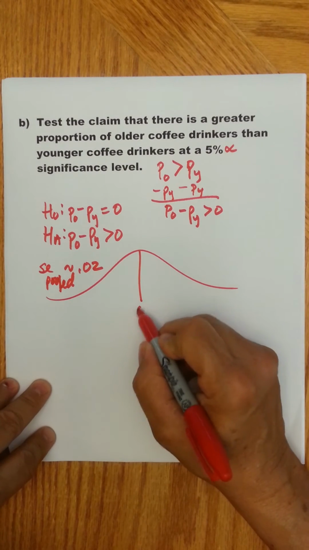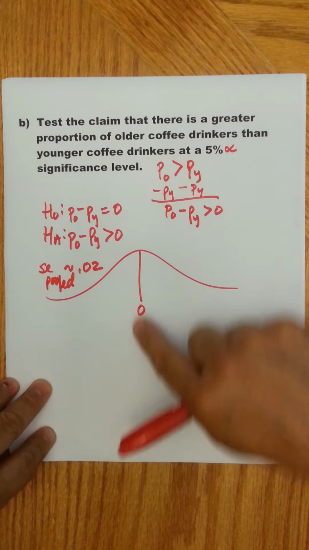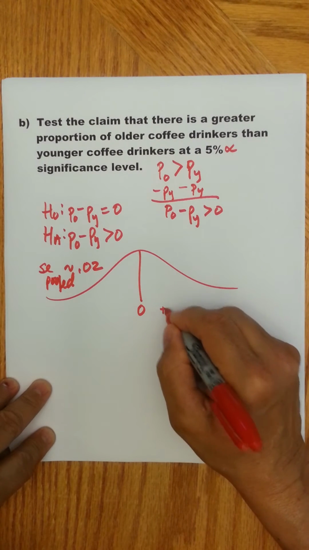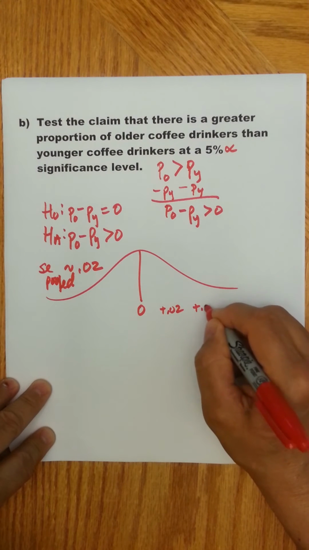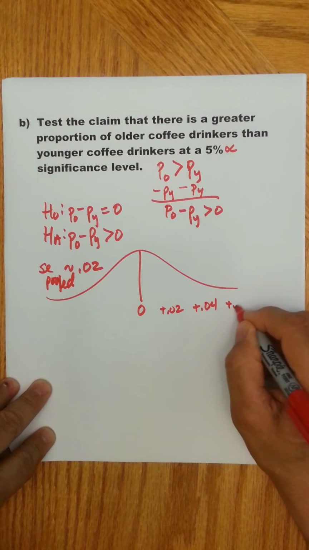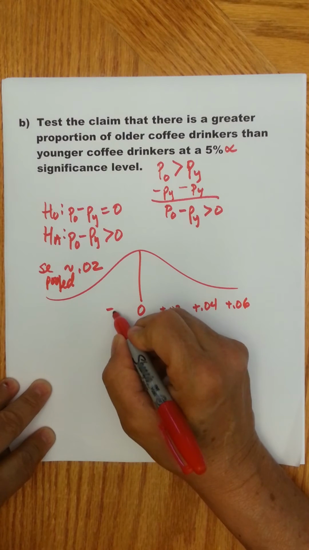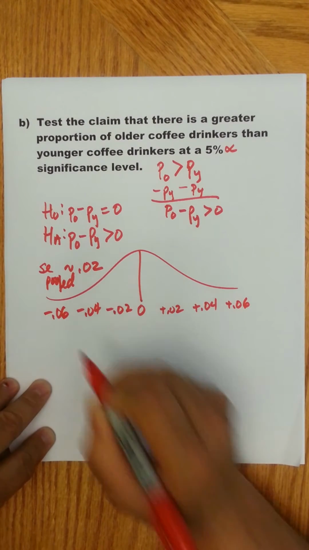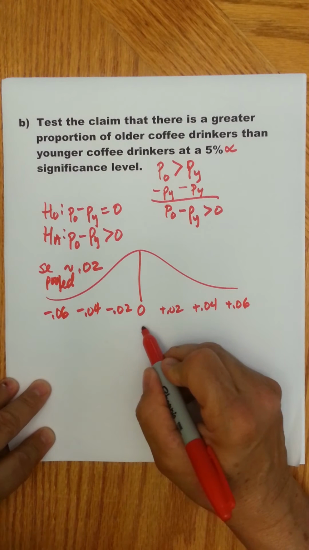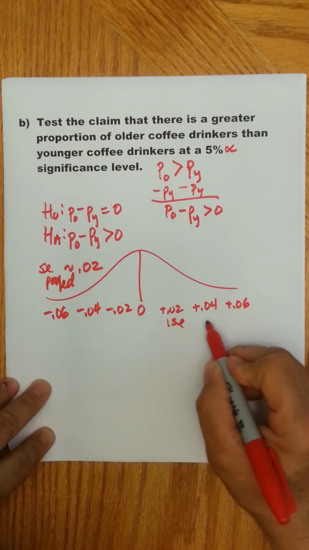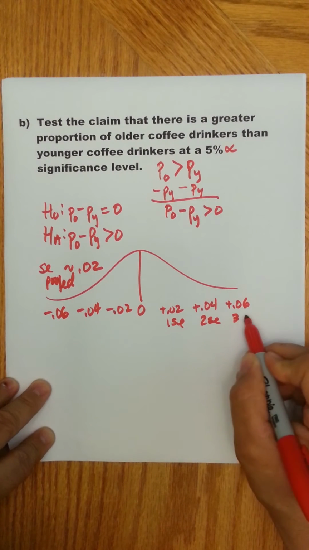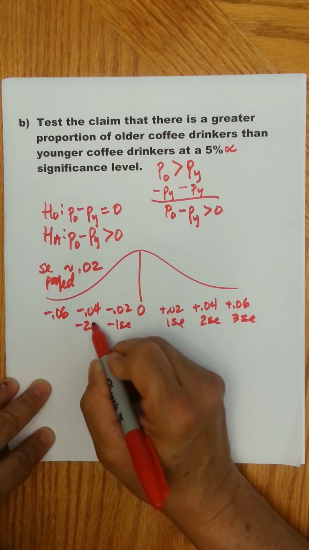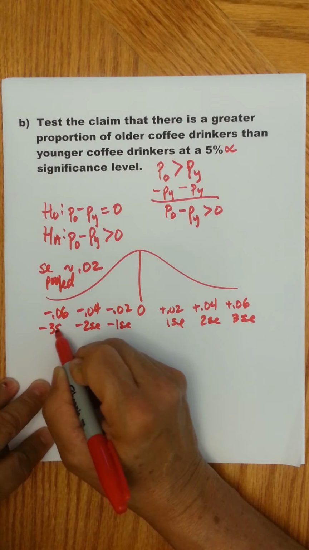But what I'm saying here is, remember, my null is at the center of my model. And then I add 0.02, add another 0.02, so 0.04, 0.06, and here we subtract 0.02, 0.04, 0.06. Now, remember, this is 1 standard error, 2 standard errors, 3 standard errors, very approximated. Negative 1 standard error, negative 2 standard errors, negative 3 standard errors.